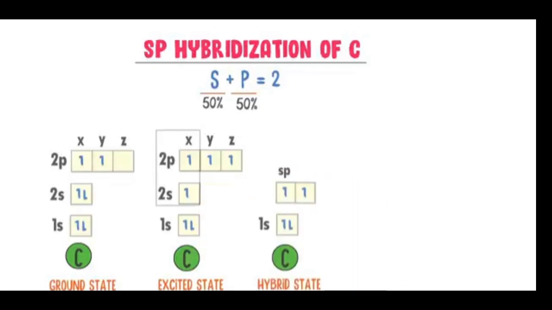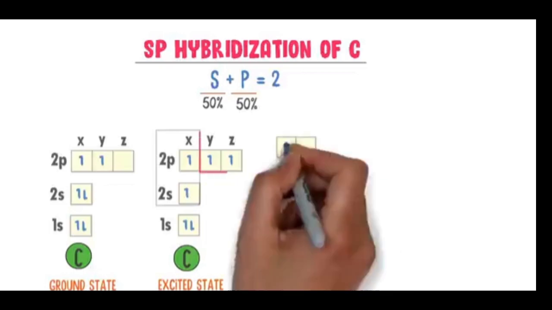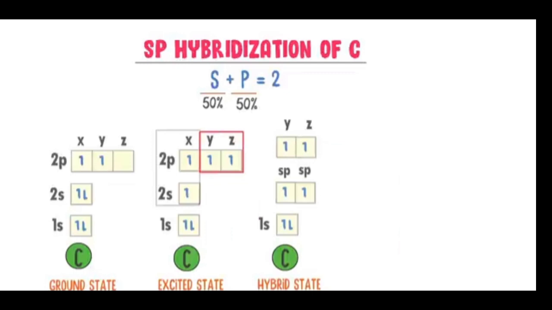This is the first sp orbital and this is the second sp orbital. The y and z orbitals of 2p do not take part in sp hybridization of carbon. So they both are unhybrid orbitals. Thus we have 2 hybrid orbitals in sp hybridization, each having an unpaired electron.